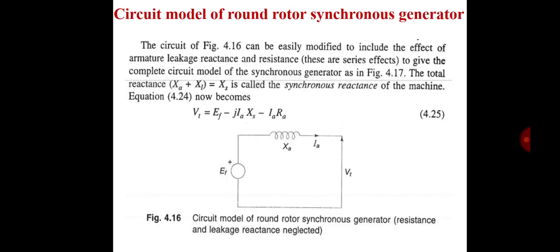Here EF is the generator EMF, XA is the reactance and Vt is the terminal voltage. So we write Vt is equal to EF minus jIa XA.